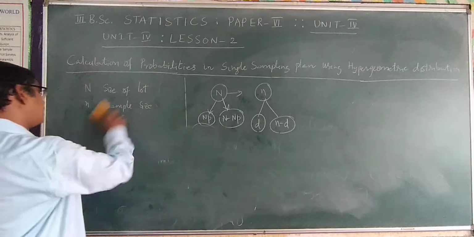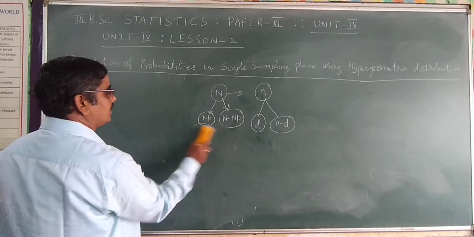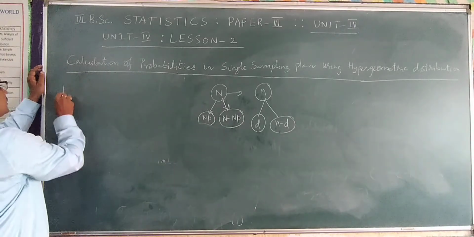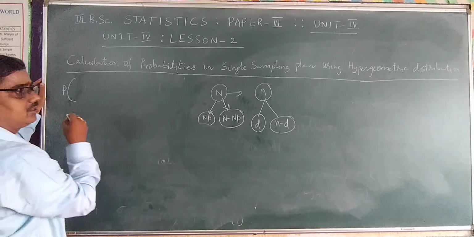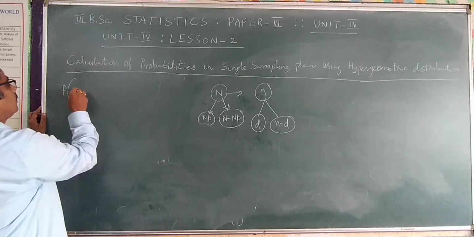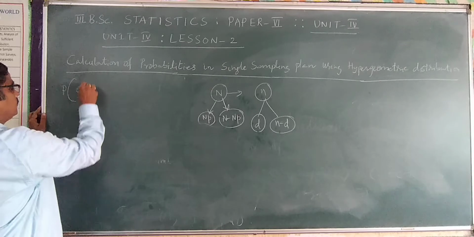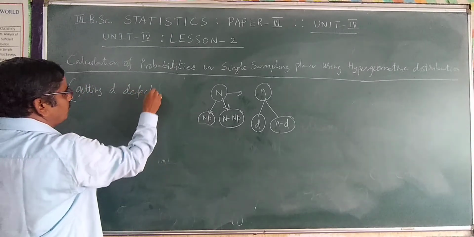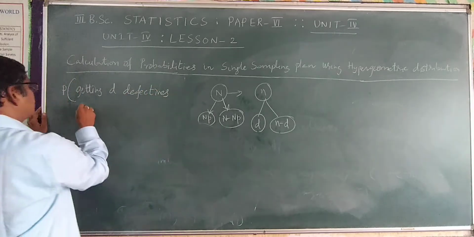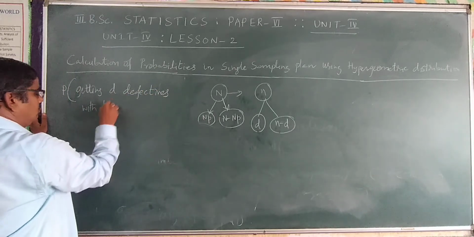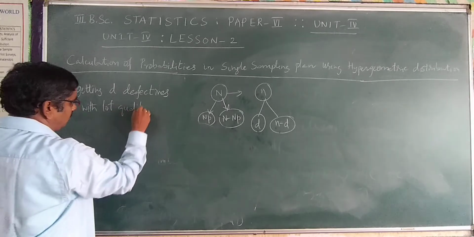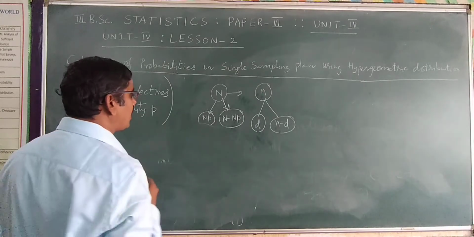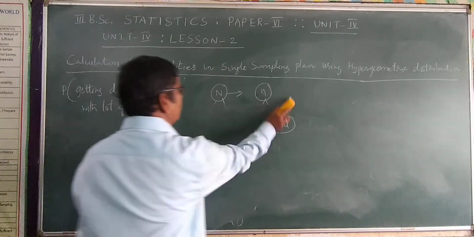Based on this information, we want to calculate the probability of getting d defectives with lot quality small p, which is going to be calculated as follows. I will write this again.